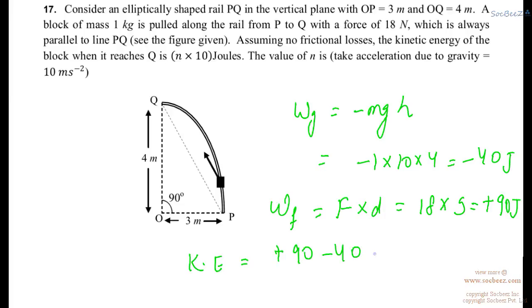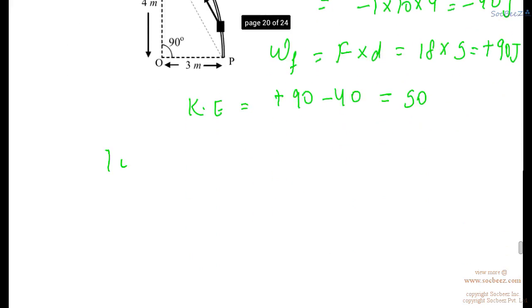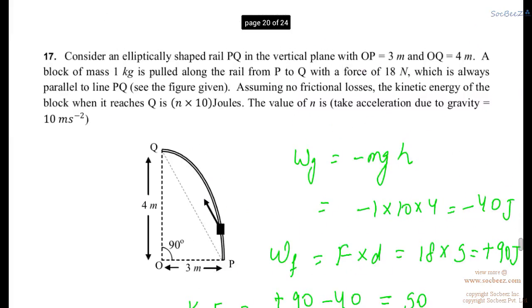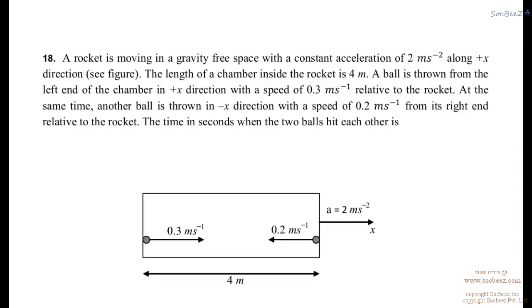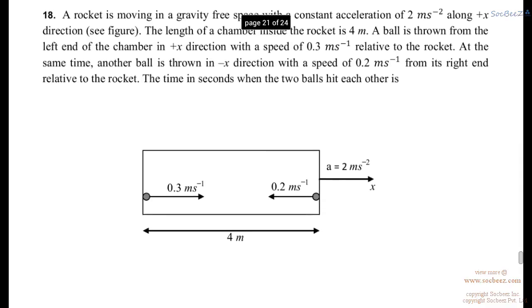Okay, so now kinetic energy is plus 90 minus 40, which is equal to 50. So from here 10n equals 50, which gives us n equals 5. So the correct answer here in this case is 5. Okay, now let's see another question.